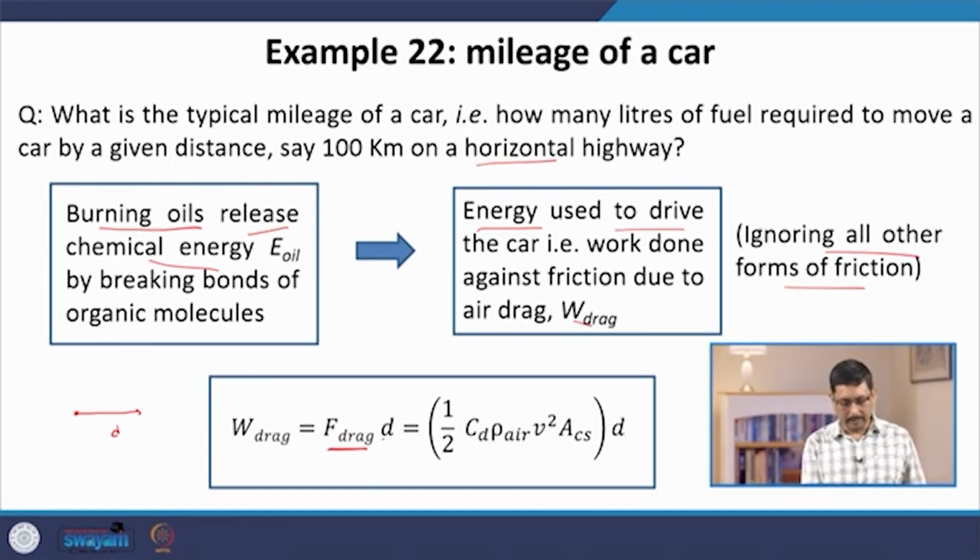So, F drag times d. Now, remember that last week we actually derived an expression for this drag force, and we found by dimensional analysis that this force must be proportional to the density, proportional to the square of the velocity. So, v is the velocity of the car, the speed of the car, and A is the cross section.